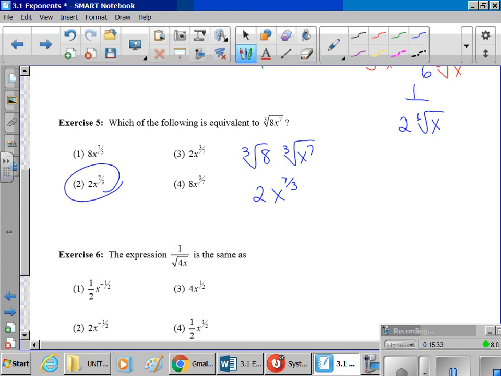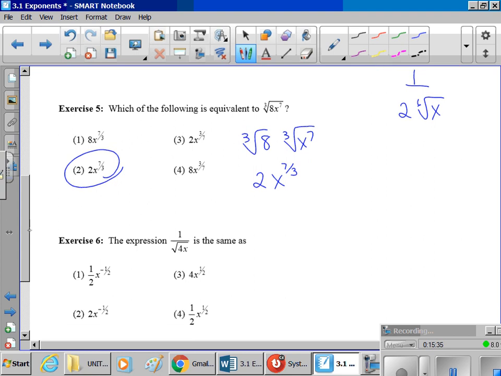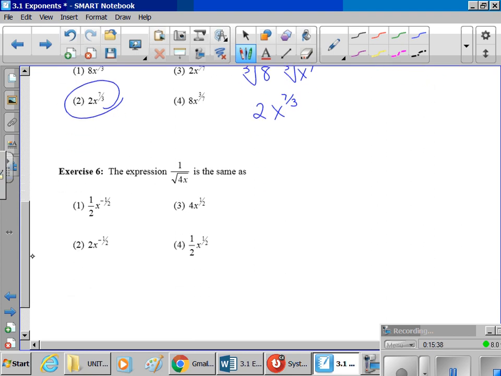Very similar question to what we see in exercise 6. It says the expression 1 over the square root of 4x. So I'm thinking this is probably going to be a negative exponent, so these are not my answers. So this is going to be the square root of 4x to the negative 1.